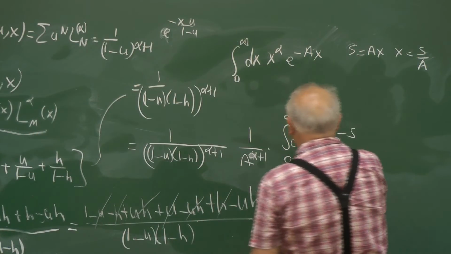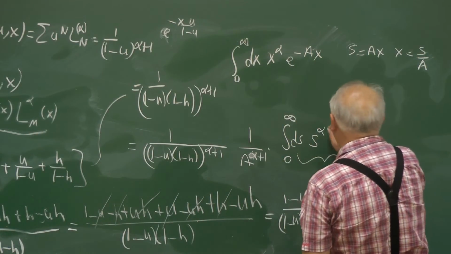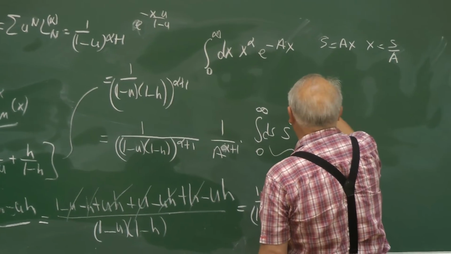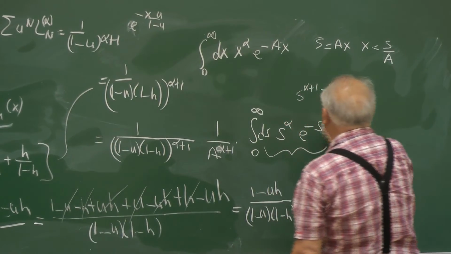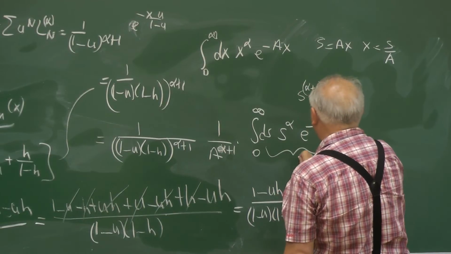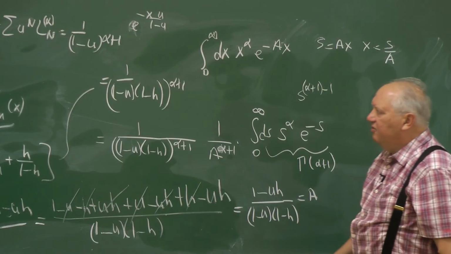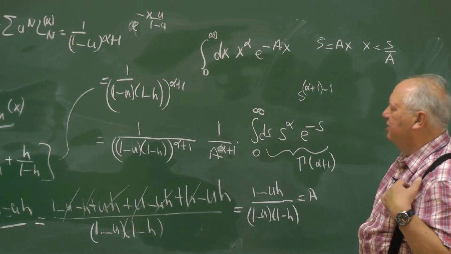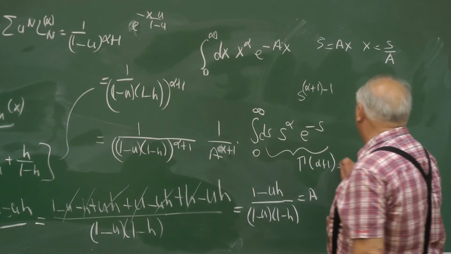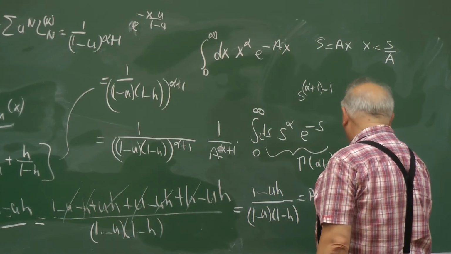This is a well-known integral. I can write s to the alpha like this, s to the alpha plus 1 minus 1. And this is simply the gamma function of alpha plus 1. But our alpha in the hydrogen problem is 2l plus 1, which is an integer. Therefore, this is equal to alpha factorial.